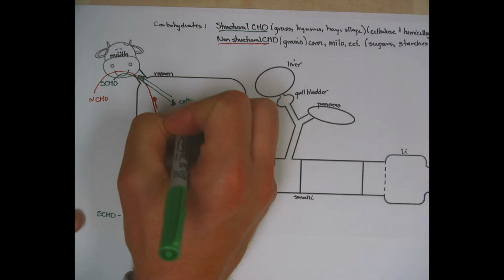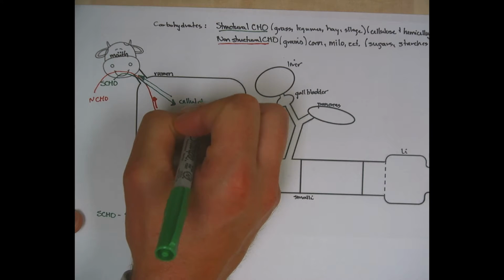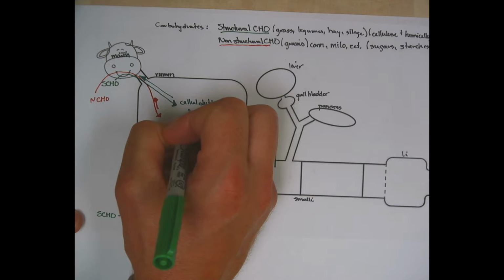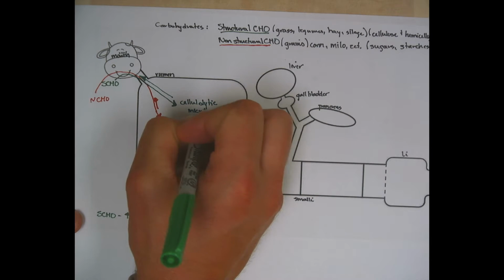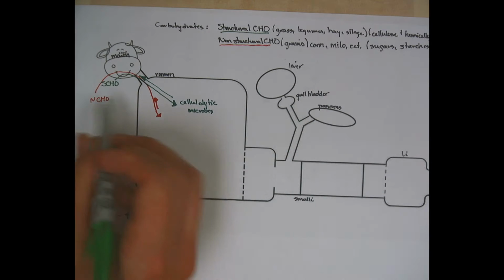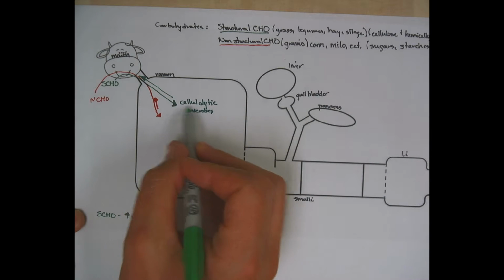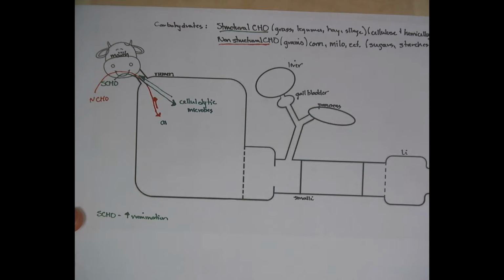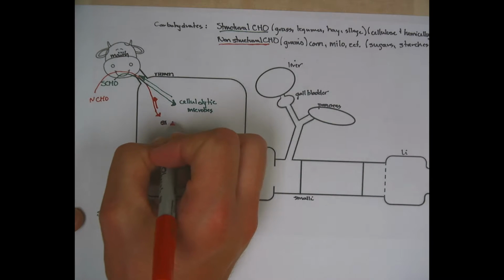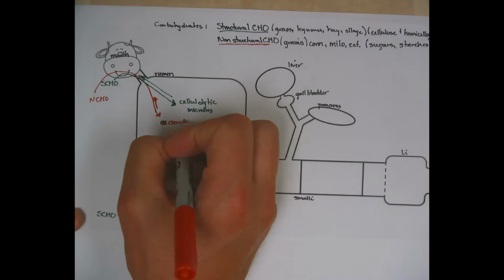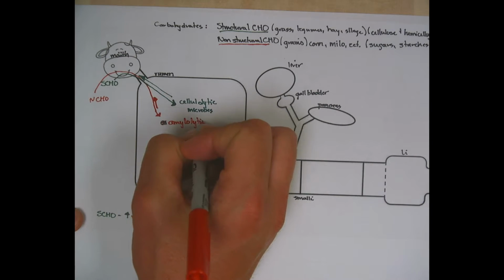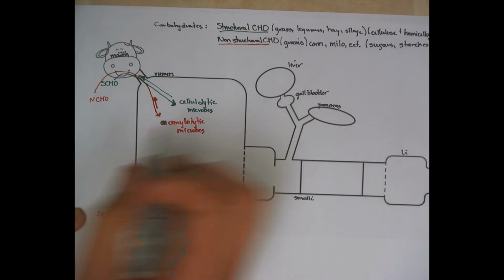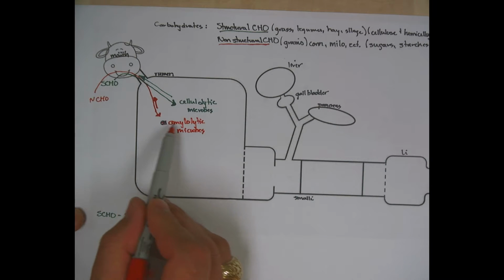So you have cellulolytic microbes, and those work on your structural carbohydrate, or those that contain cellulose. And you have your amylolytic microbes, and they work primarily on starch.